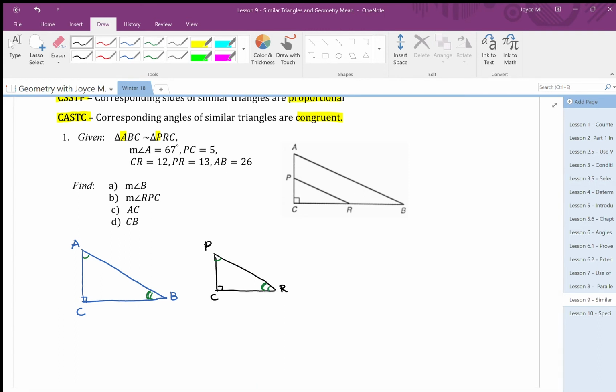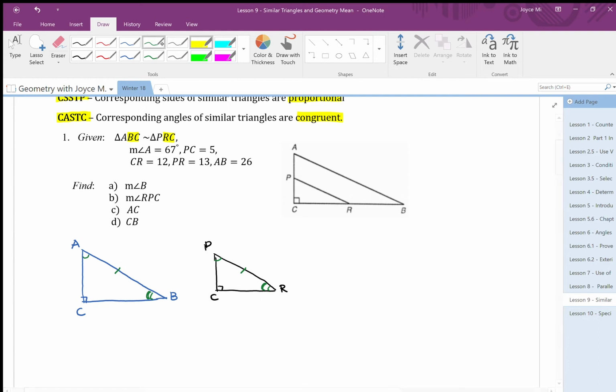We use the same idea for sides. I notice that the first two letters, AB, correspond to PR, because they are both the first two letters in the similarity statement. So I can mark that AB corresponds to PR, using the tick mark again. Next, BC is the last two letters, and RC is also the last two letters.